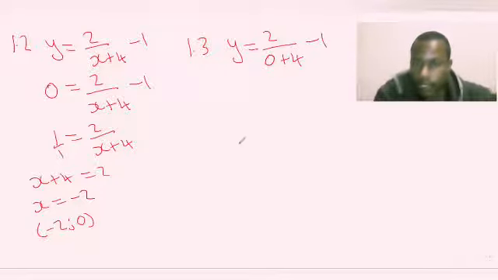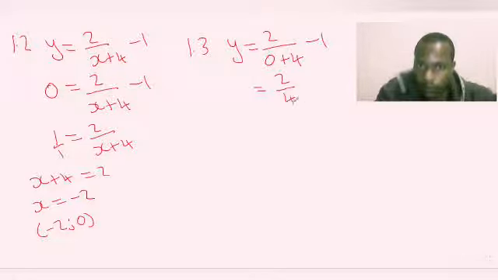This simplifies to 2 divided by 4, minus 1, which further simplifies to negative 1/2. The coordinates of the y-intercept will then read 0, negative 1/2.